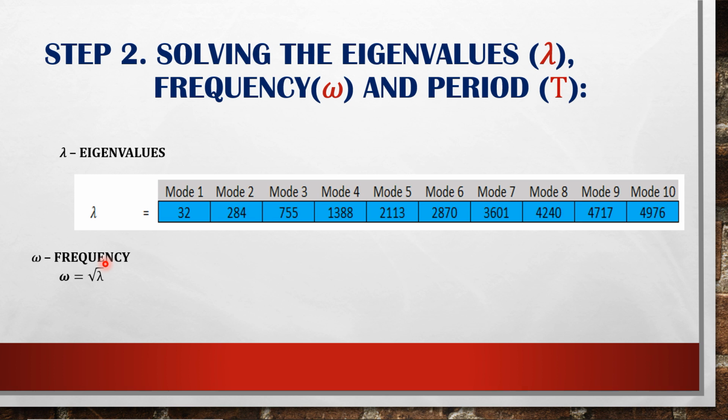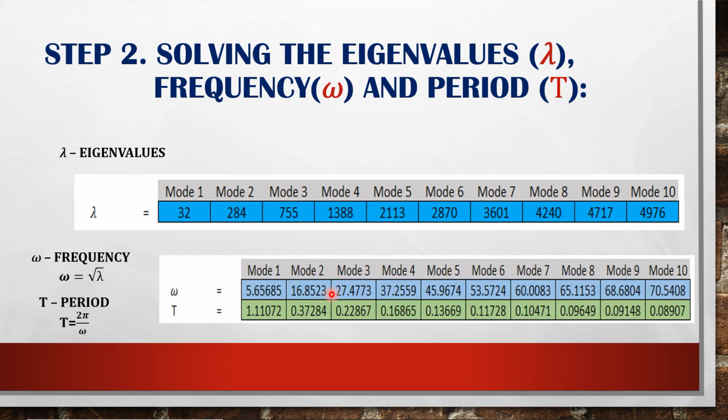For mode 1, the frequency is 5.65685. For mode 2, 16.8523. Again, we got the frequency by taking the square root of 32, the square root of 284, the square root of 755, and so on.